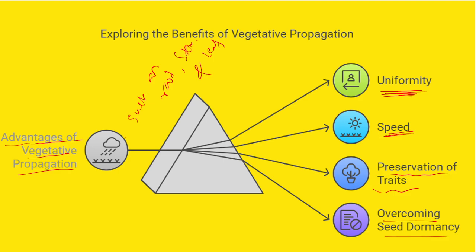But in vegetative propagation, seed dormancy is no factor, because plant parts grow and then form a new, newborn plant. That way, seed dormancy is not a matter. This is normal, and it has no effect in vegetative propagation.